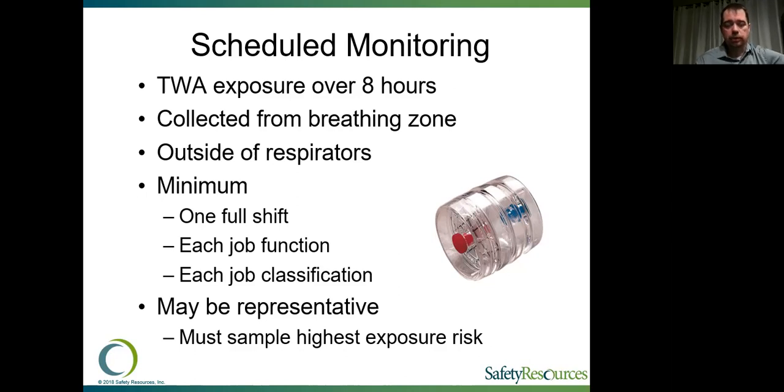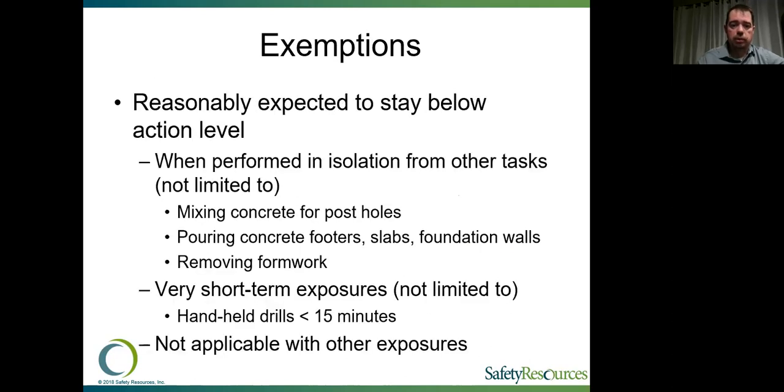If two people are doing the same task and one is performing it in such a way that they're probably generating more dust or have a higher risk of exposure, that's the individual I want to sample, because the other employees are most likely going to give me a lower exposure. So I always want to look for the highest exposure when determining which employees I would be sampling.